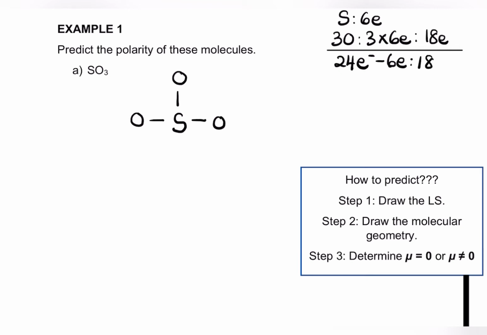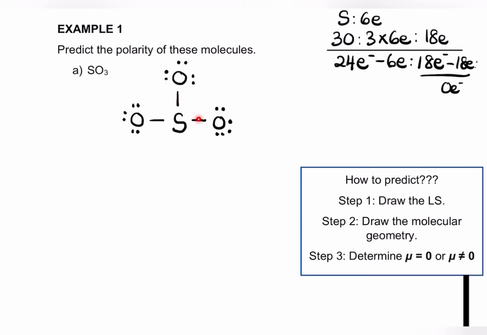The remainder is 18 electrons. And I will put my lone pairs at each of them. 6, 12, 18. So, now 18 minus 18 leaves 0 for this total valence electrons. And last step, make sure sulfur, your central atom, must be balanced.